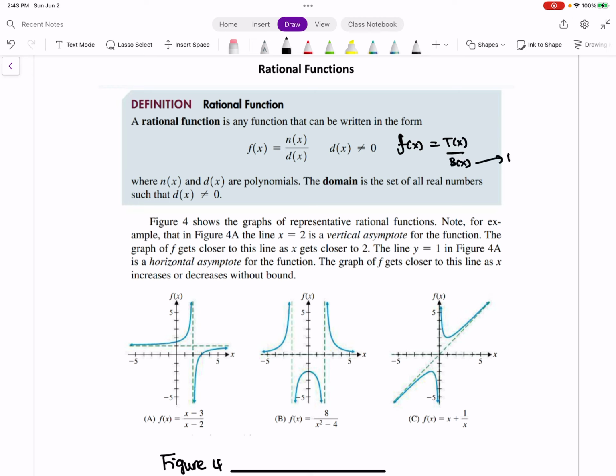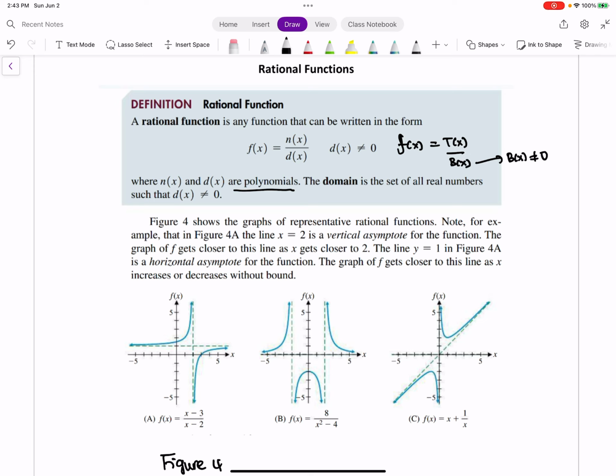And the bottom function should be different from 0. The other important thing is that both n of x and d of x are polynomials. Otherwise, it's not a rational function. So the numerator as well as the denominator must be polynomial functions.